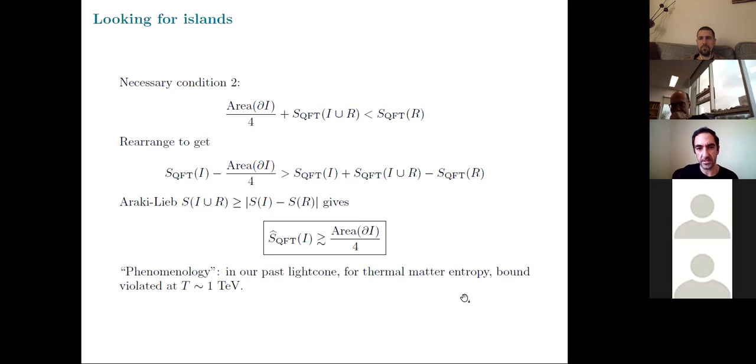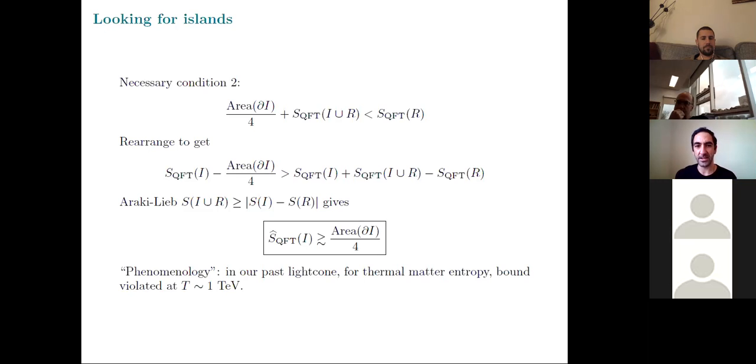And a fun phenomenological sidebar, phenomenology in quotes, is that you can check this condition in our universe. In our past light cone, if you assume that you have a thermal matter entropy, then this bound is violated at the electroweak scale, which is sort of funny.